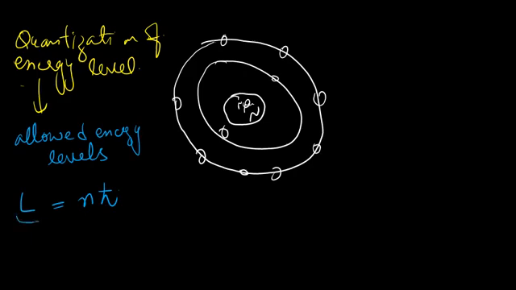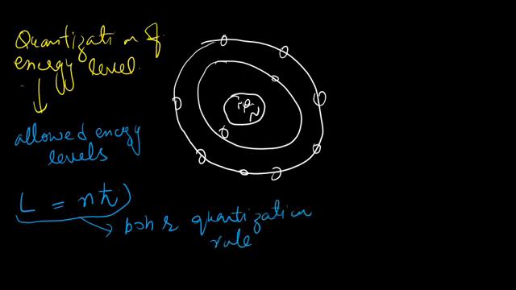This is also called the Bohr quantization rule. So Bohr used the quantization of energy and extended it to the quantization of energy levels, and he said that within the atom there are allowed energy states for which the total angular momentum is equal to an integral multiple of h bar.